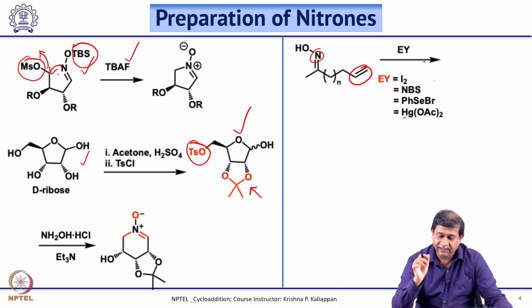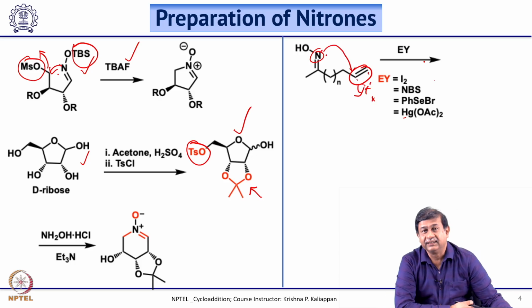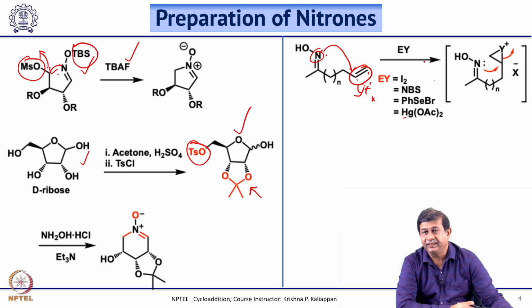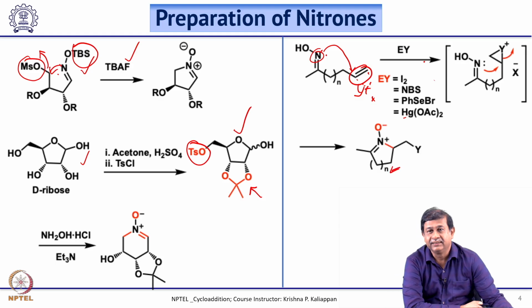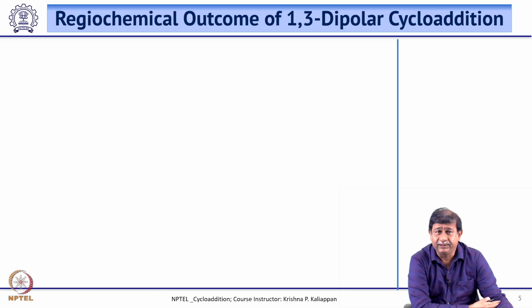Then the lone pair on the nitrogen intramolecularly will attack and open this 3-membered ring to form the corresponding 5-membered or 6-membered ring, depending on n. You will get 5-membered, 6-membered or 7-membered nitrones. Okay. So, these are some of the methods where one can easily prepare nitrones.